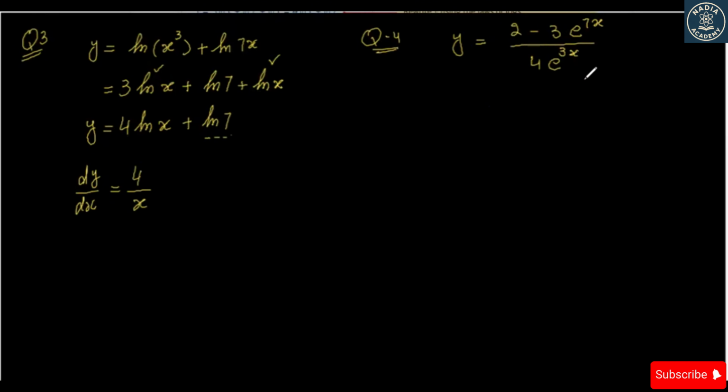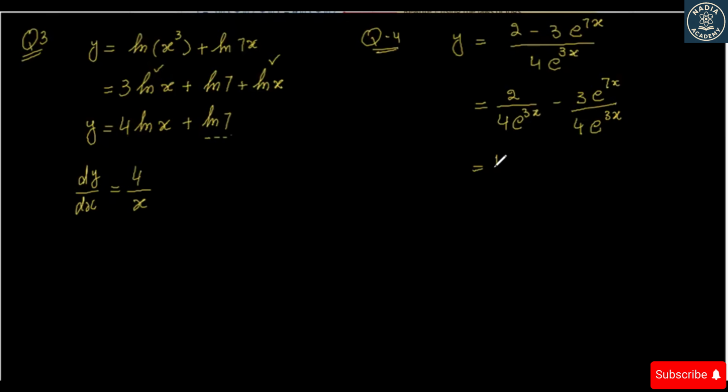Now, to find its derivative, we split it into two separate terms. Then we will get 2 over 4 e power 3x minus 3 e power 7x divided by 4 e power 3x. Now let's simplify these both terms a bit more.